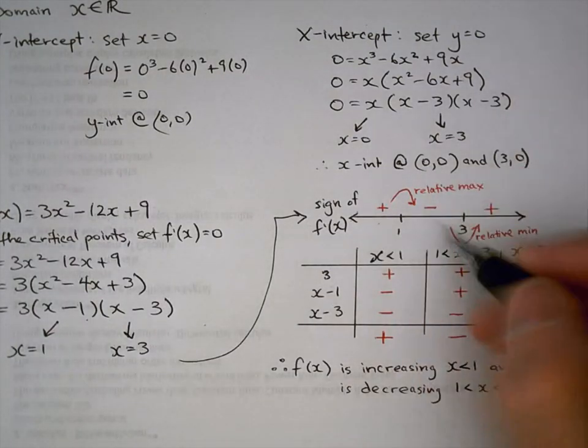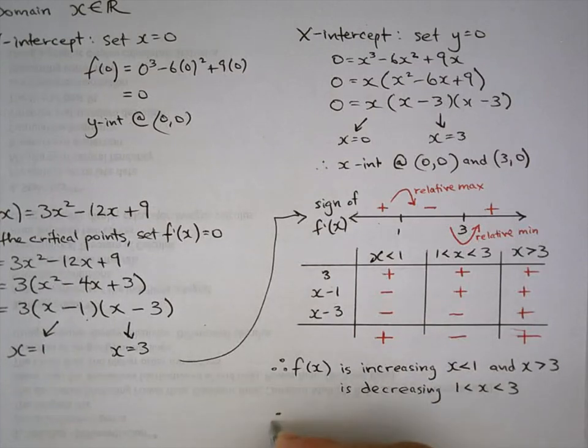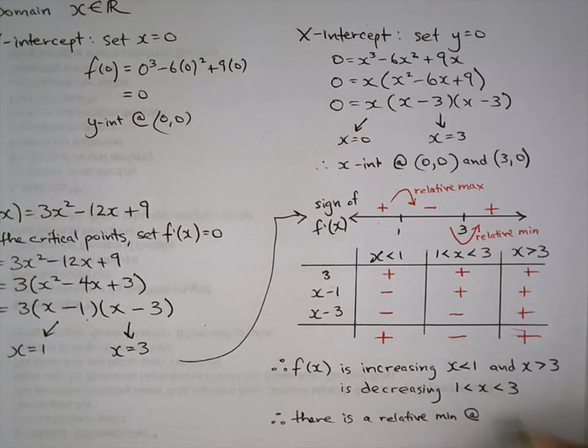Up, down, that's a relative max. So there is a relative min at, what was it, x equals 1, and a relative, no, sorry, the min is at 3, and the relative max is at x equals 1.